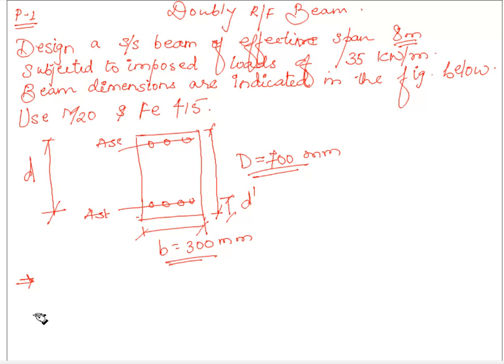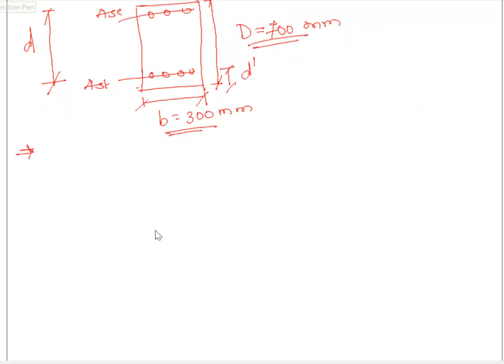First step, we need to list down the input details like we did in the singly reinforced beam. This input detail is not your design step but a preliminary step. So I'll just be noting down your input details.